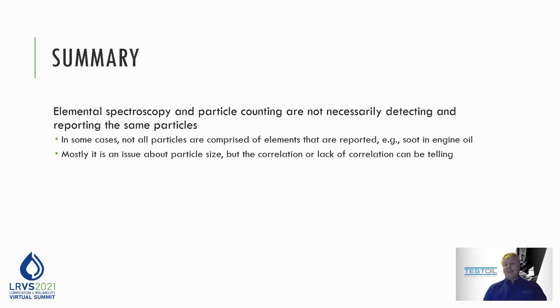We'd get very high results without knowing which is the oil versus which is a contaminant. So things like soot can really skew a particle count and not show up at all in your elemental spectroscopy. But my other note here is, it's all about the size. The two tests really don't measure the same size particles, so what could you expect?